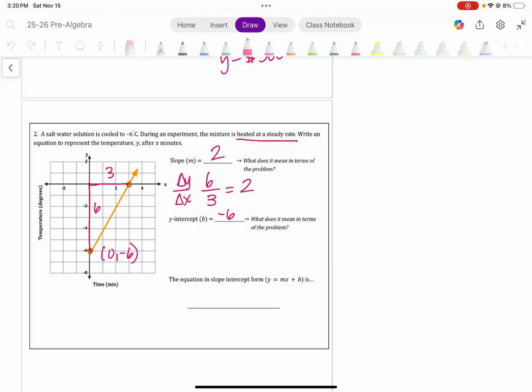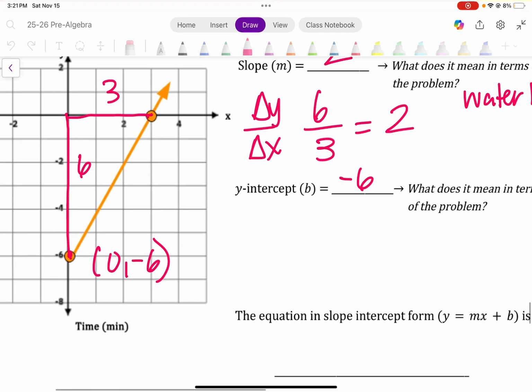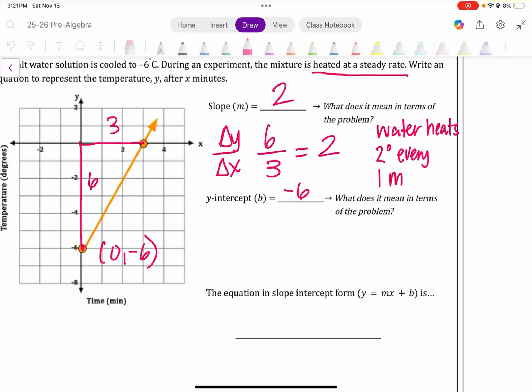And what does that mean? What does the slope mean in the problem? The water heats 2 degrees every 1 minute. And the y-intercept means that the solution started at -6 degrees Celsius.